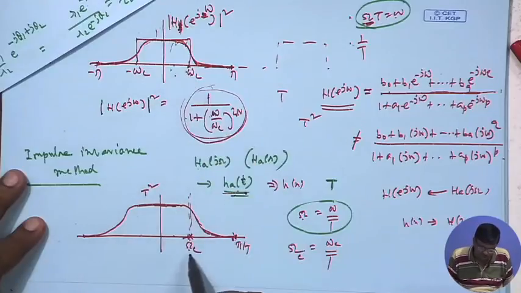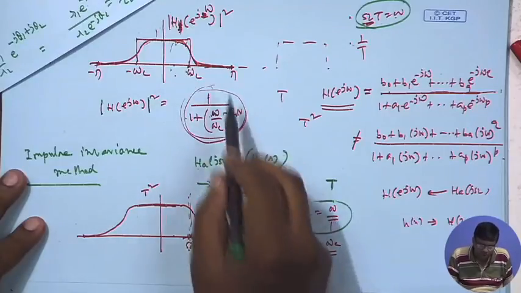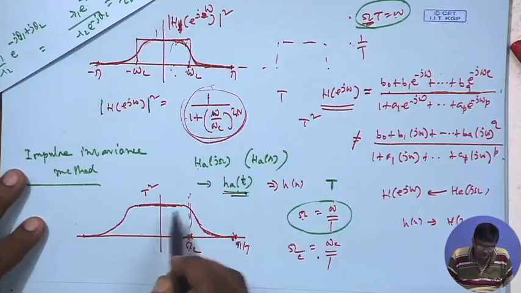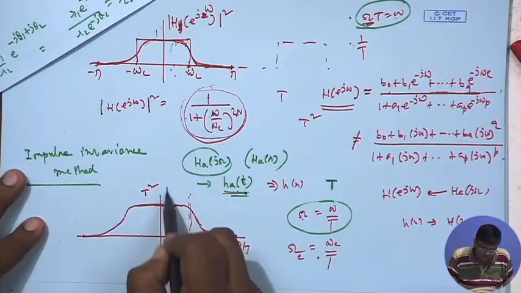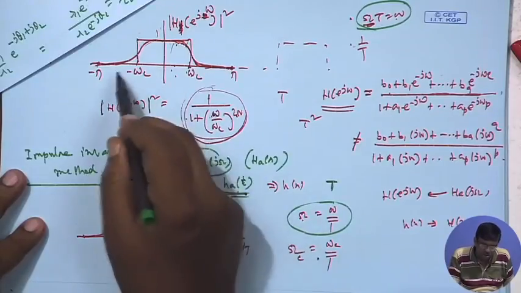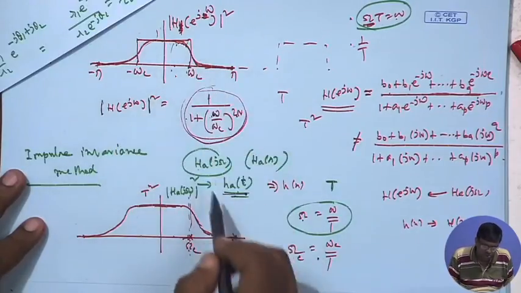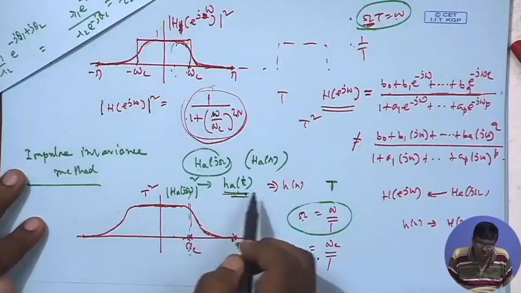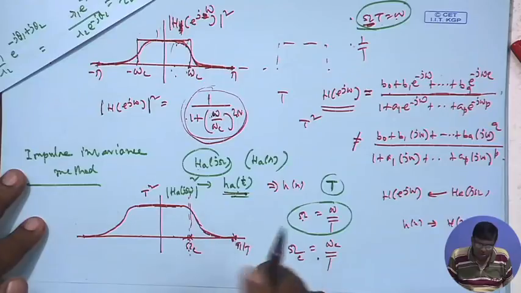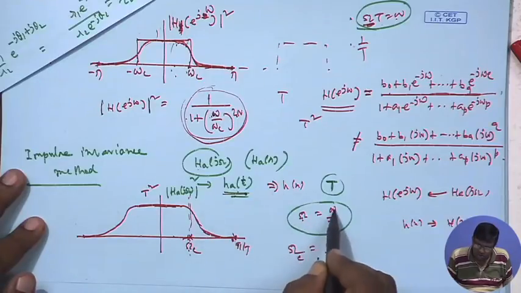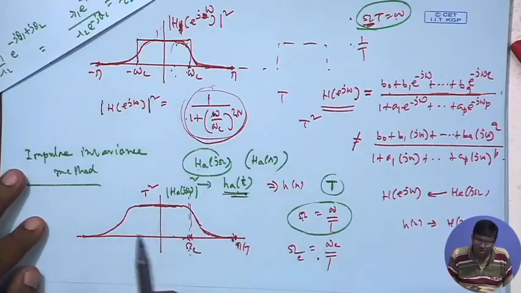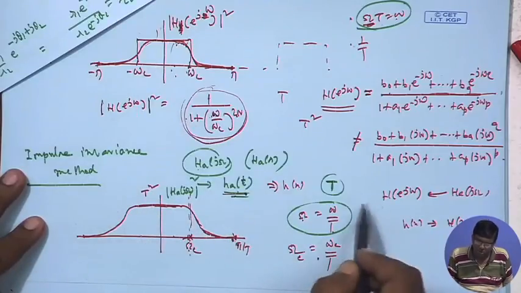So, omega c will become capital omega c like this, pi will become pi by t, and so forth. I construct one analog magnitude response in this way. I choose one sampling period t, then using this relation capital omega is small omega by t, I transform this figure to this and multiply this by t square, and t is anything, t can be 1 also.